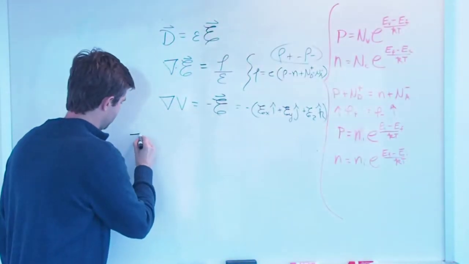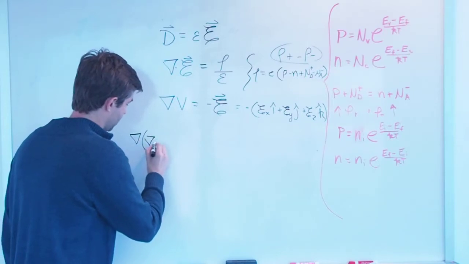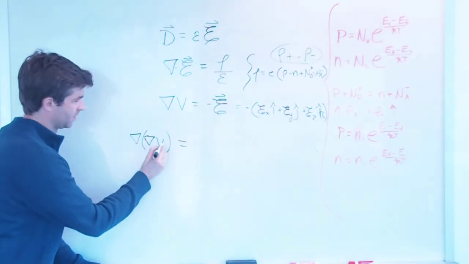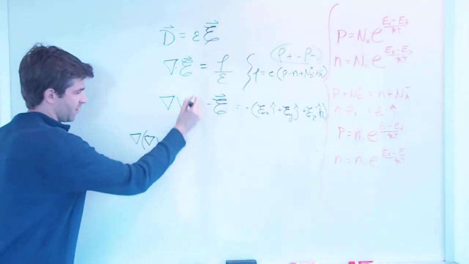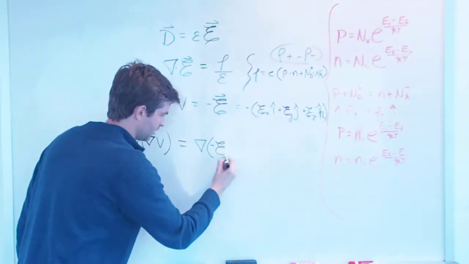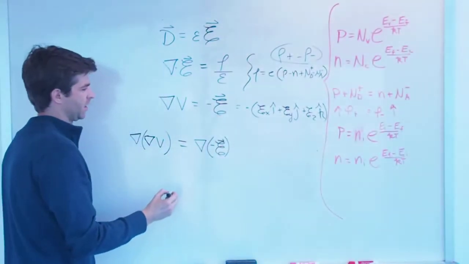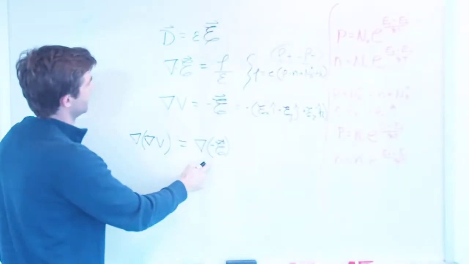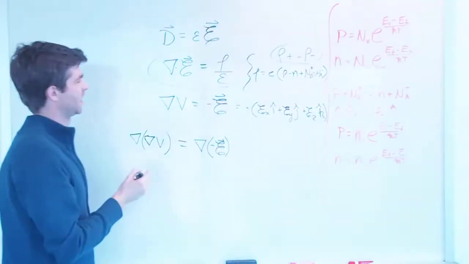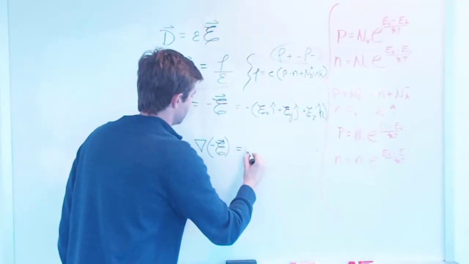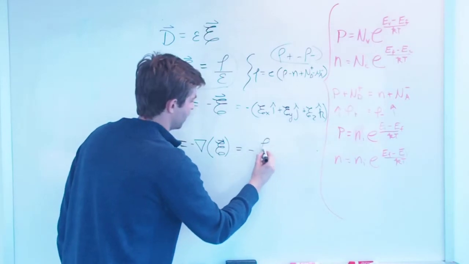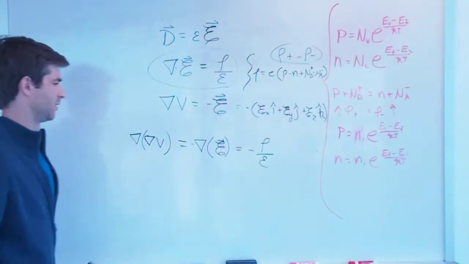Because what if I have del of V? Well, del of V is just negative E. So we have a del dot negative E. And what's del dot negative E? Well, that's this guy right here, the differential form of Gauss's law, which is equal to, I can bring this negative sign out, negative rho over epsilon, right?